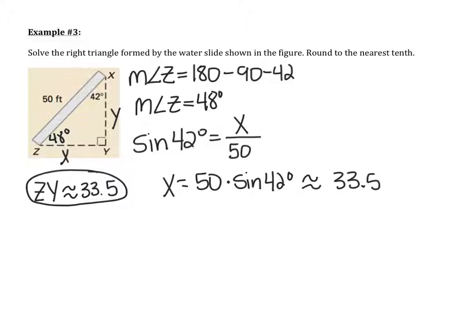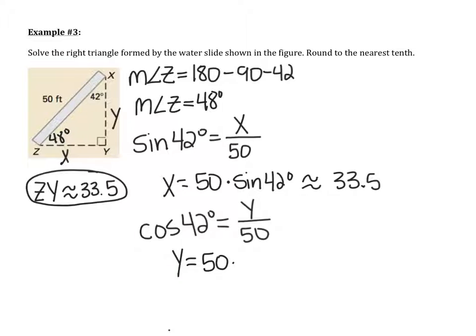So I'm going to set up the problem. The cosine of 42 degrees is equal to Y over 50, because Y is the adjacent side. Since our variable is in the numerator, all I'm going to do is multiply by 50 to get Y by itself. So Y would be equal to 50 times the cosine of 42 degrees.